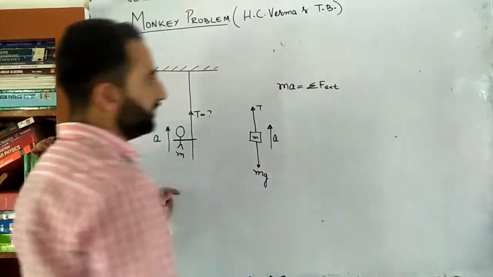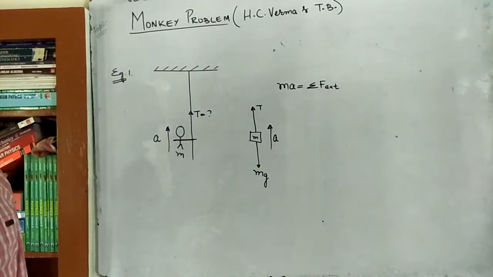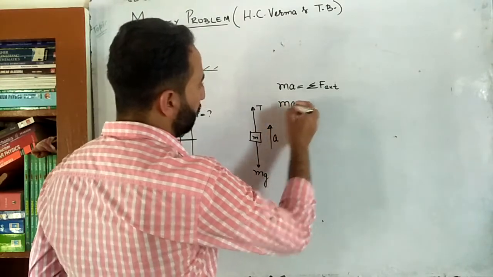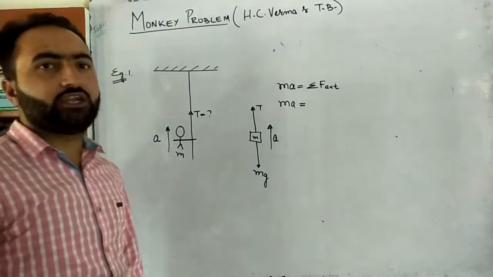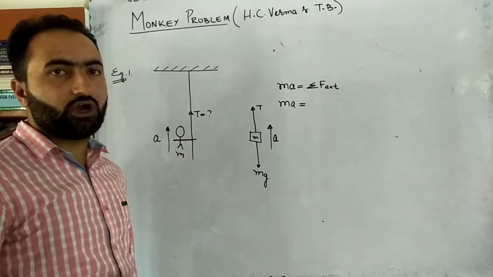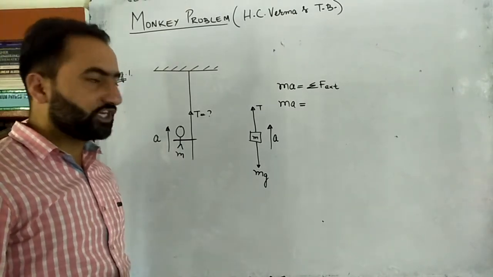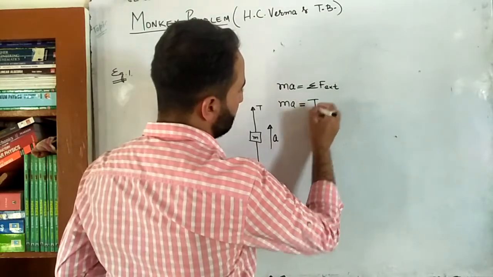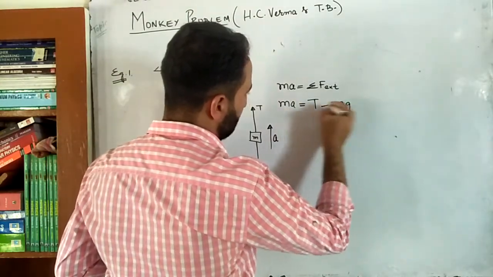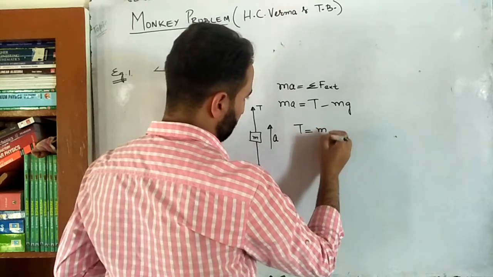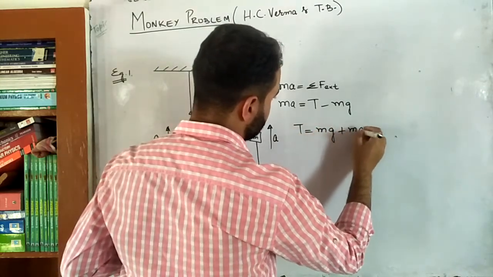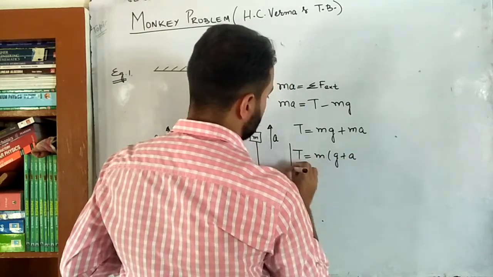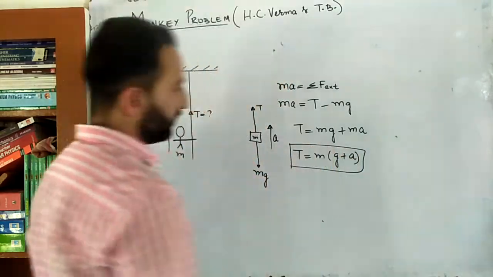Forces in the direction of acceleration are taken positive, and those opposite are negative. So here we get T minus mg equals ma. So T is equal to mg plus ma, finally T is equal to m into g plus a. So this is the tension in the string. That's it, the problem is done.